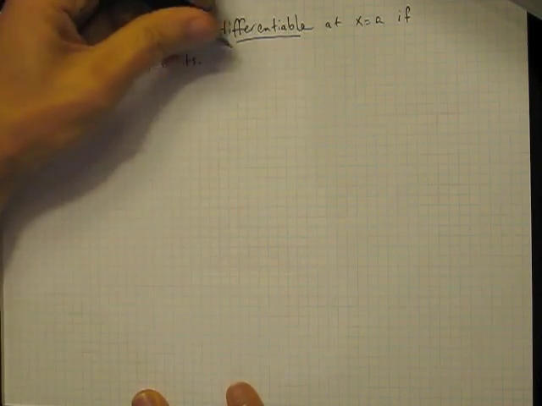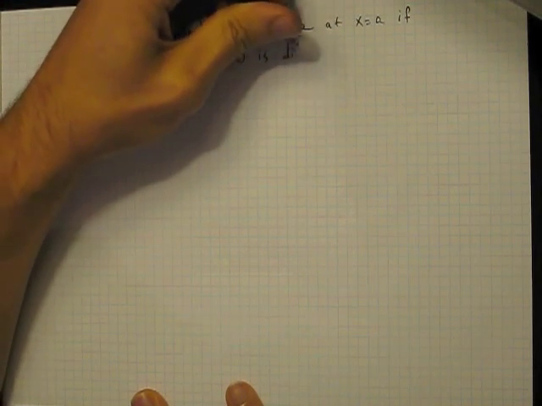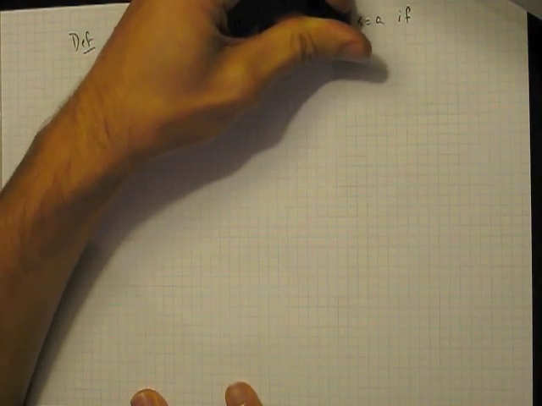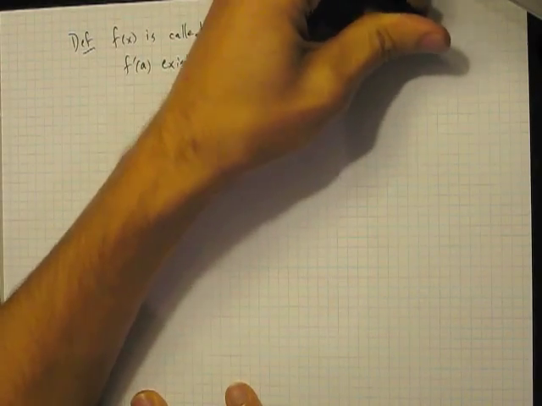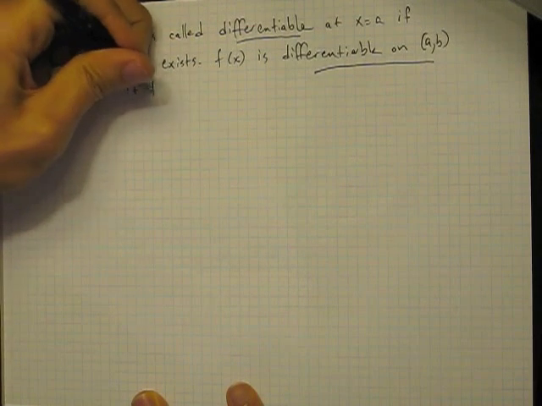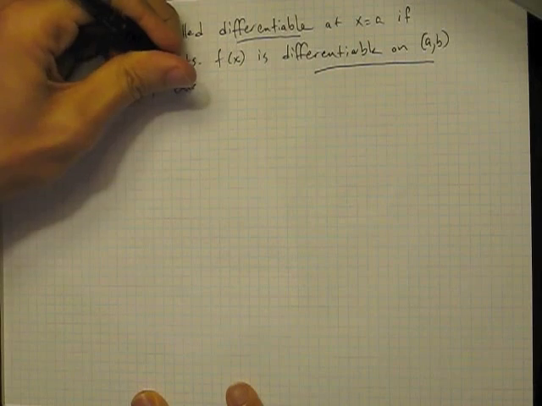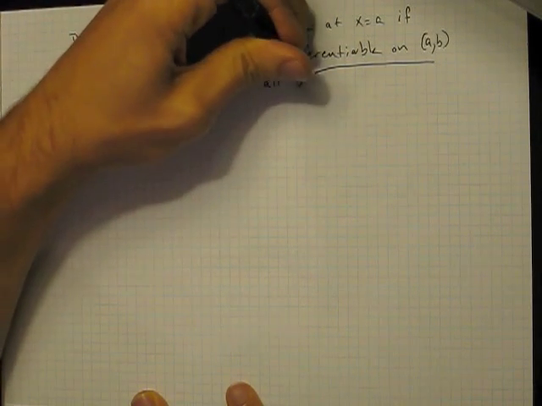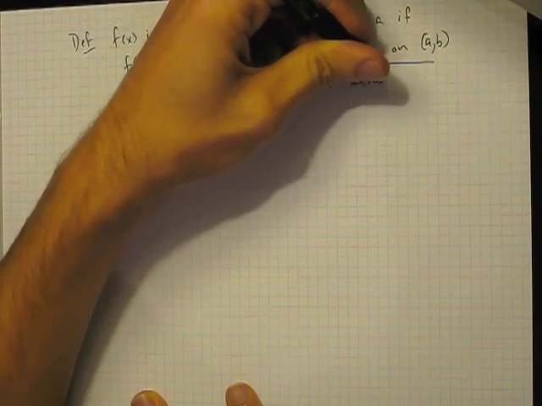Okay, f is differentiable on the open interval a, b if f prime exists for all values between a and b.